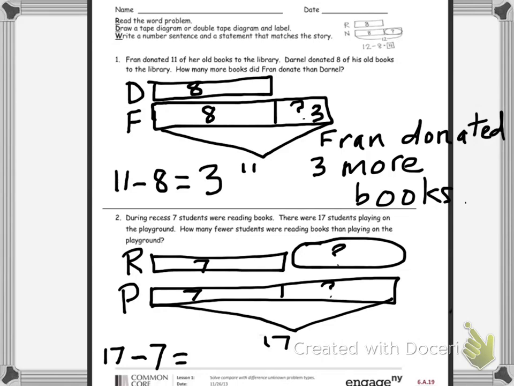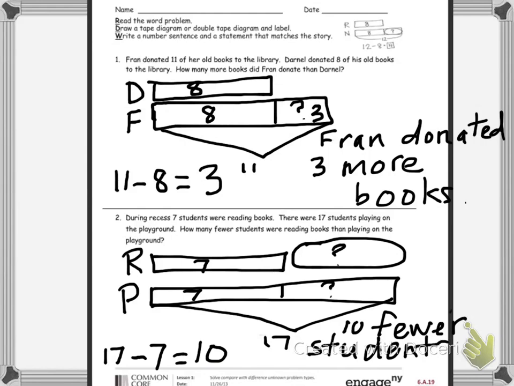So 17 minus 7 equals 10. So our statement is going to say 10 fewer students were reading.